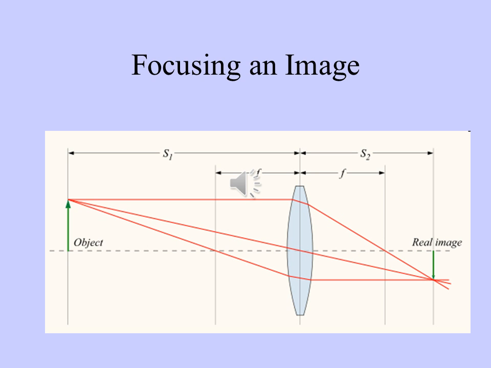Let's look a little closer at how an image is focused by a lens. On the left we have an object, say a faraway galaxy. On the right we have the image, say on the plane of the photograph or the digital device. Every dot coming from the object has to be focused by the lens itself.